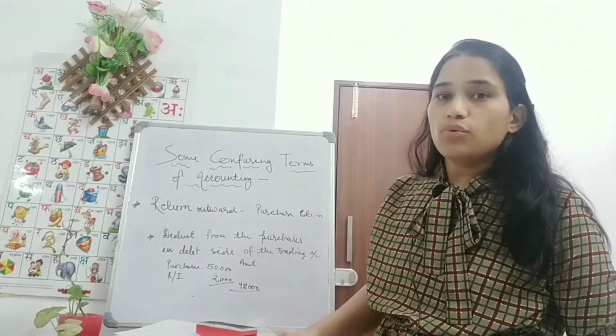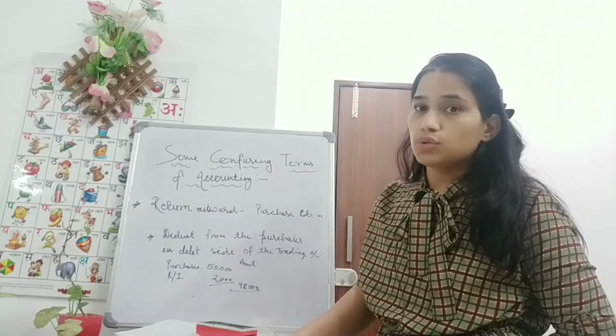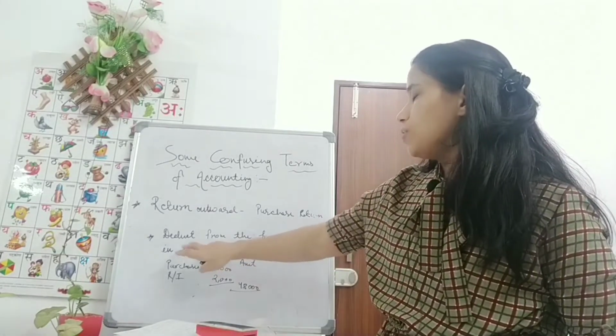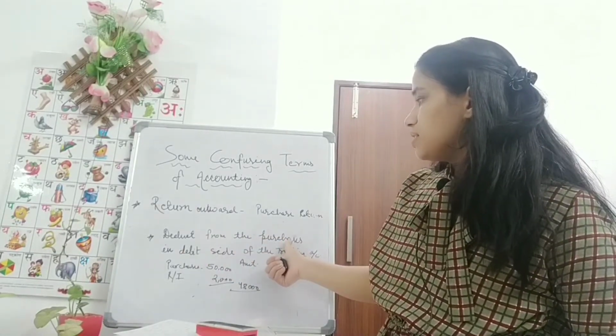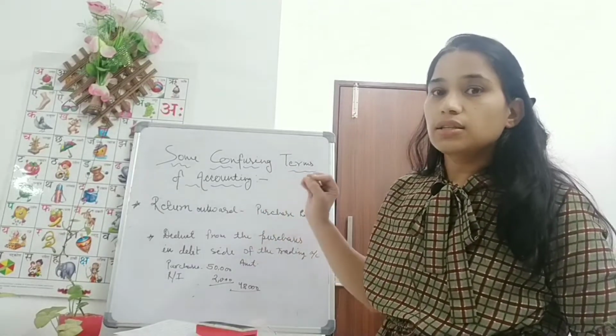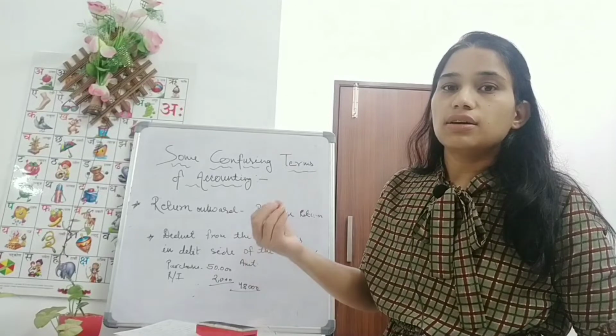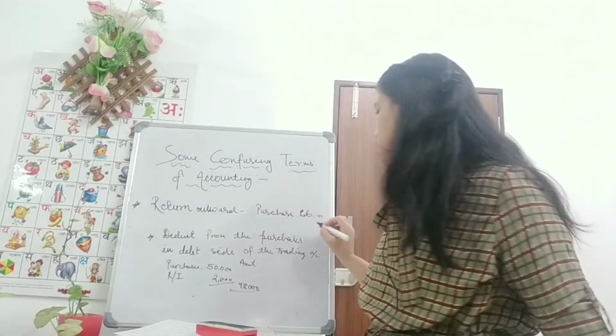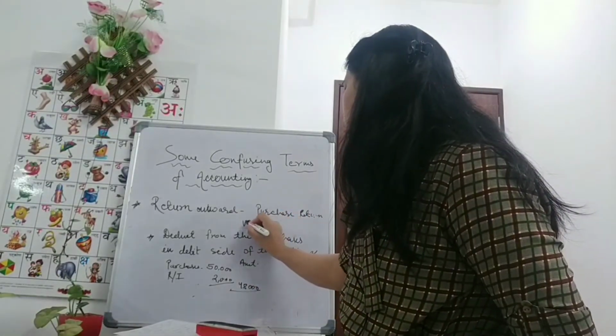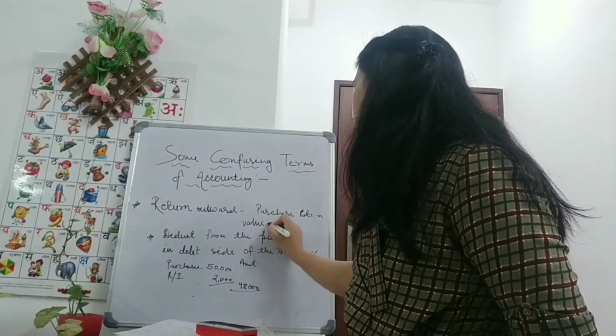So how will we do the accounting of purchase returns? We will deduct the amount of purchase returns. Mainly we consider the value. Purchase return की जो भी value होगी, how will we get that?